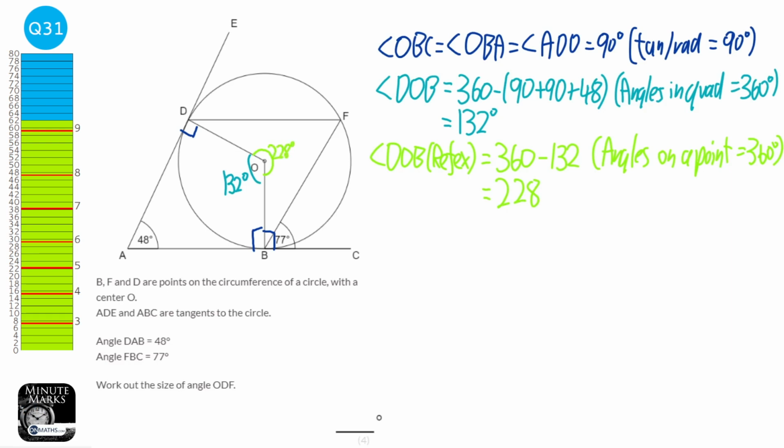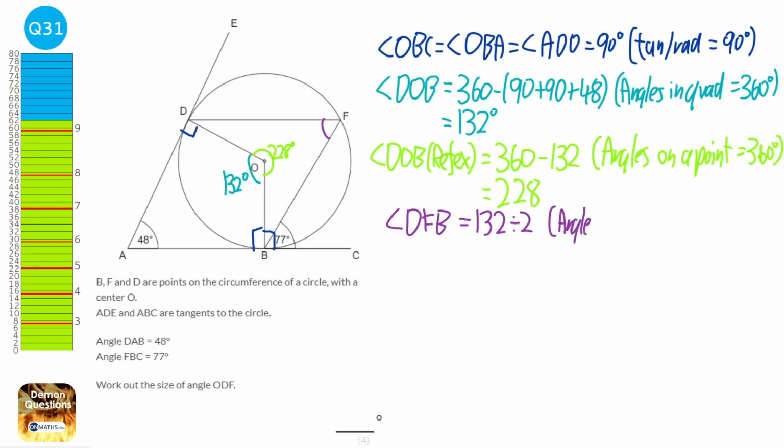Now we can also use the circle theorem to work out this one, because we've got an angle at the centre and an angle at the circumference, and the angle at the centre is twice the angle at the circumference. So angle DFB is going to be 132 divided by 2.